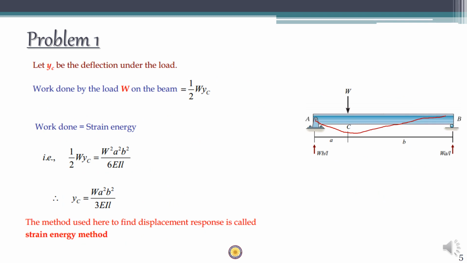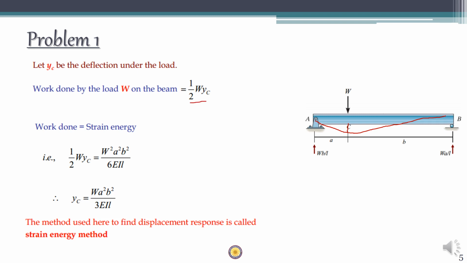So let's say there is a deflection of delta C at C, or YC at C. So the work done by the load on the beam is nothing but work W into YC deflection divided by 2, because this is gradually applied, right? So half into W into YC is the work done by the load.